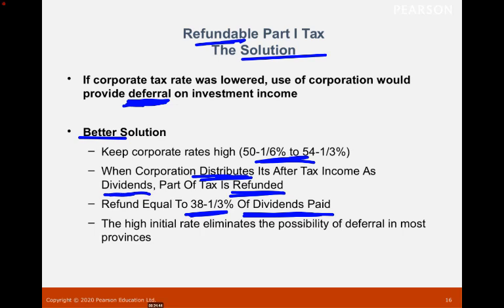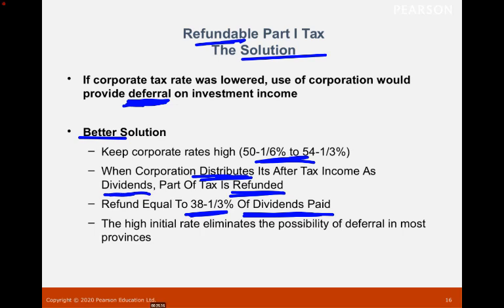If the corporation earns that investment income, it has to pay these really high rates. So it motivates them to flush that money through the rest of the system rather than holding it inside the corporation. Because by paying it out, they will be able to get that money back through the refund of that refundable Part 1 tax.